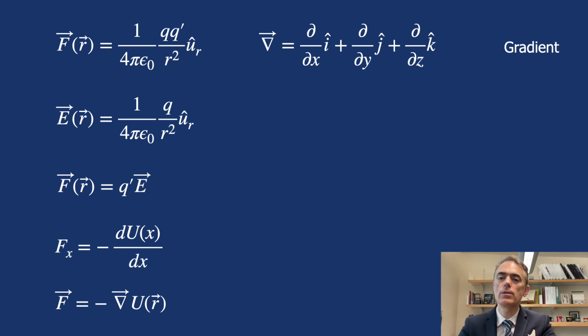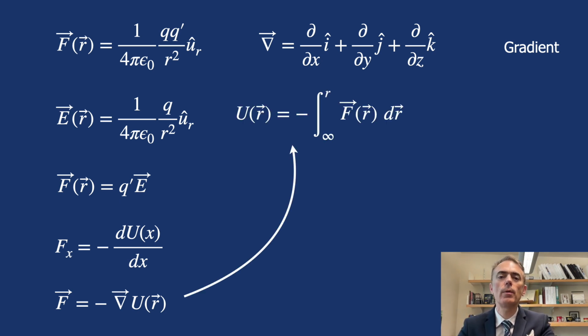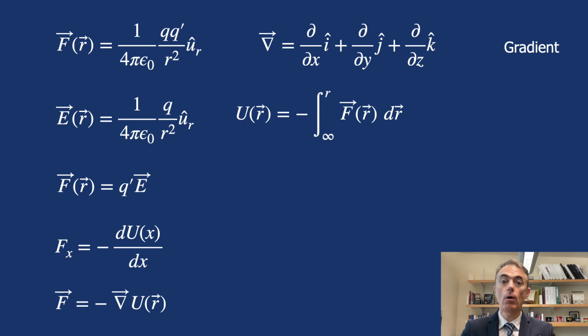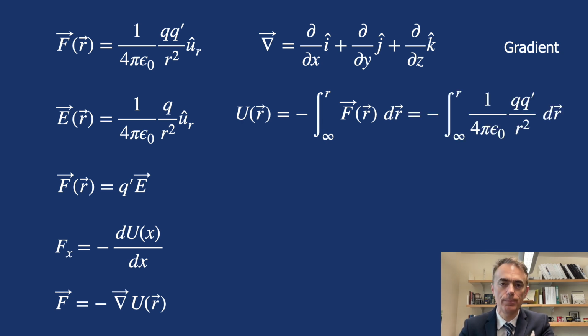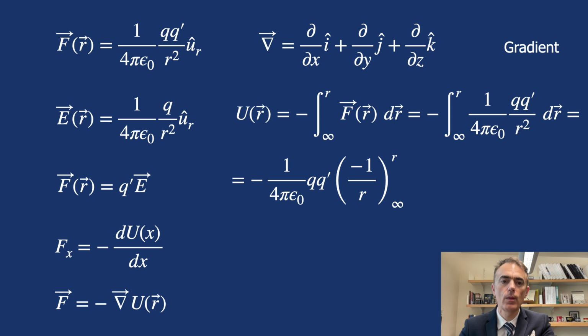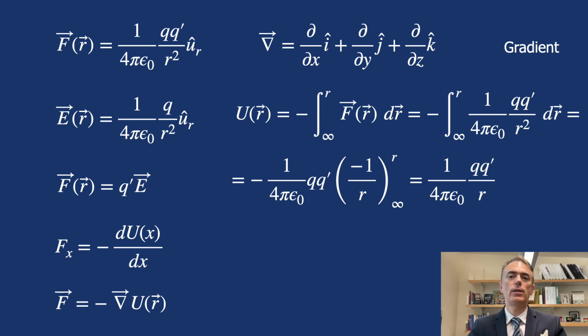Because the electric force is a conservative force, we can derive this force from a potential energy and vice versa. So if we integrate the force between two positions, let's say infinity and r, we find the electrostatic potential energy. Which reminds us of the gravitational potential energy. But here we can have positive and negative potential energy depending on the charges involved.